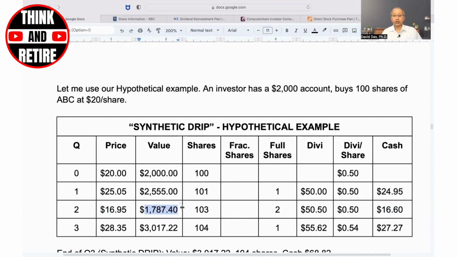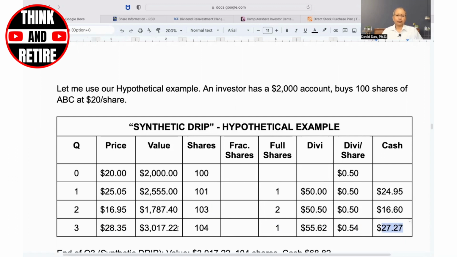Now, moving on to quarter three, the company has announced a dividend of 54 cents a share because the investor had 103 shares. That translates to $55.62 as dividend. The price of the share has increased to $28.35. So you can only buy one share, and the remaining $27.27 deposited as cash.